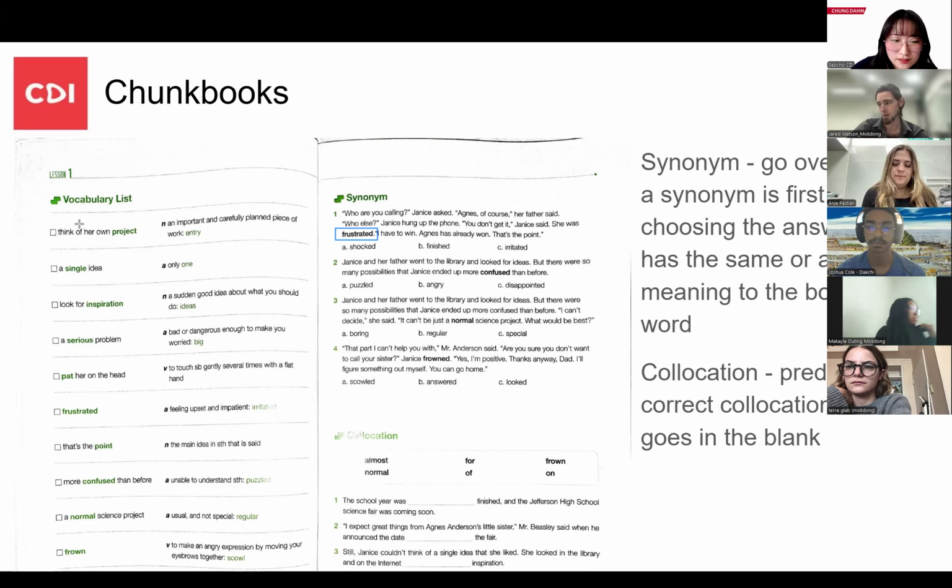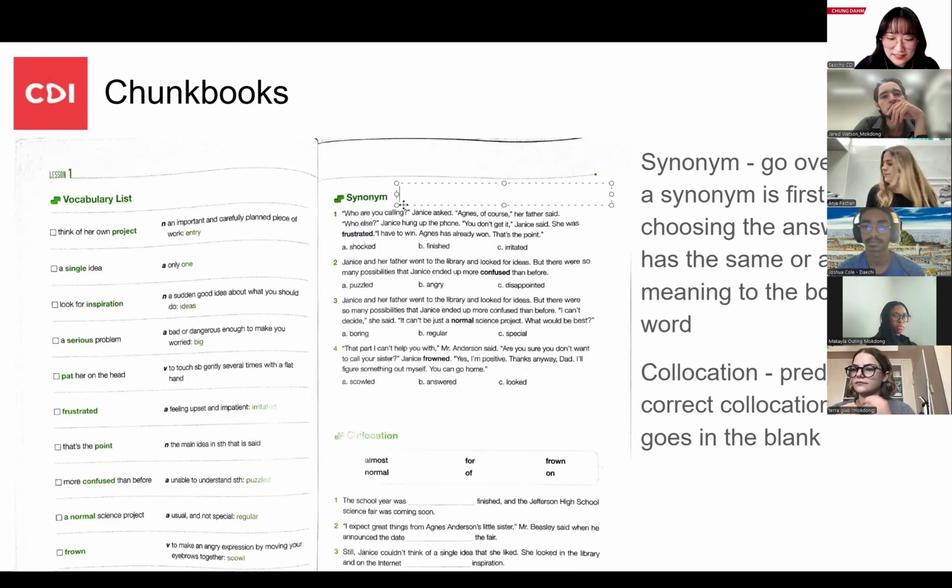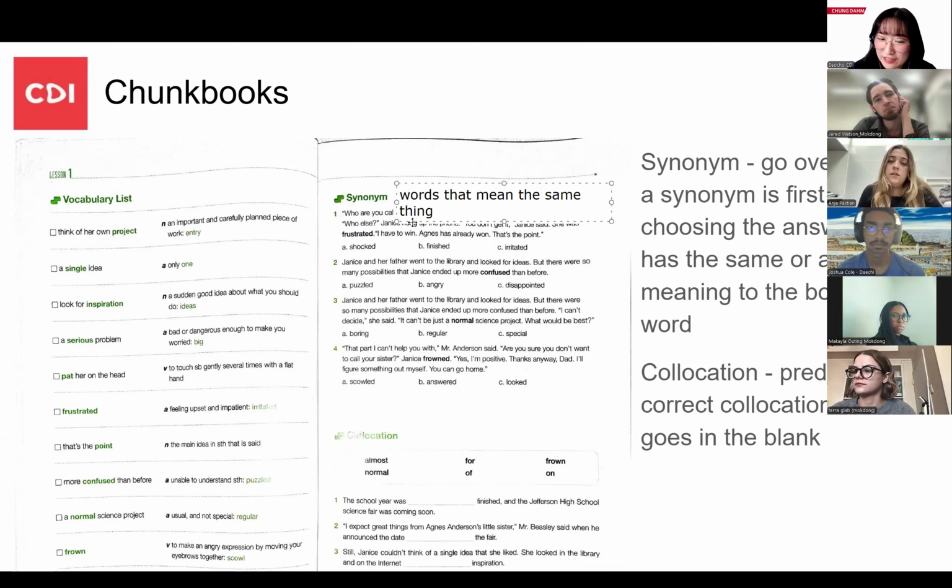Also, it could be helpful if your students are very low level, maybe they don't know what a synonym is. So maybe in the first couple of weeks or so, you can just remind them what a synonym means. It's words that mean the same thing. And they should write that in their workbook to have as reference for later, in case they don't remember what that means.